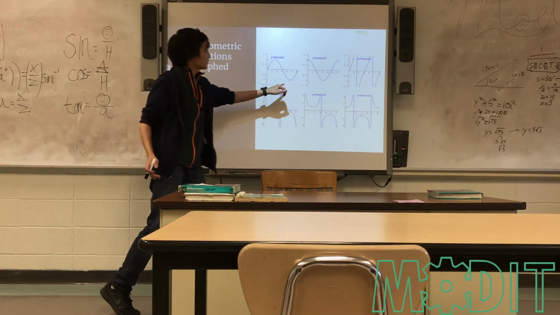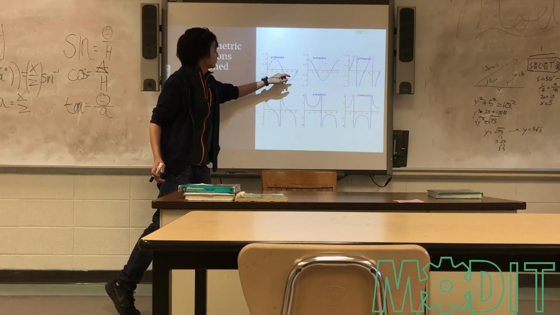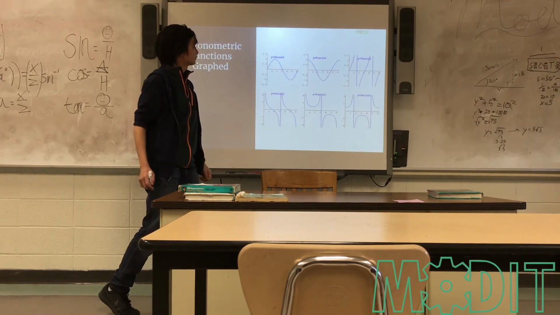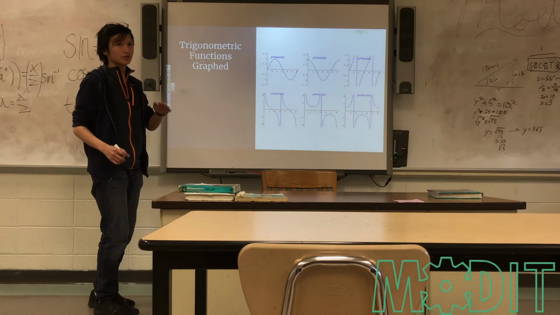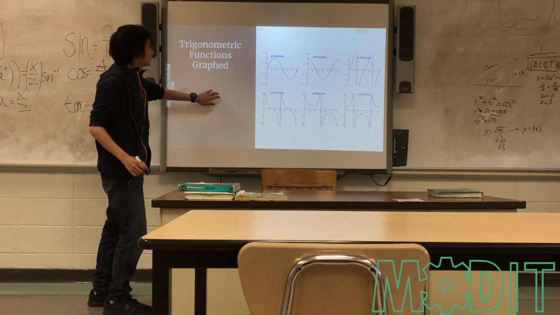So as you can see, this goes up to about 2 pi over here, and this would be pi. But that's something that you don't really need to know for now. Well, it's just nice to look at too.